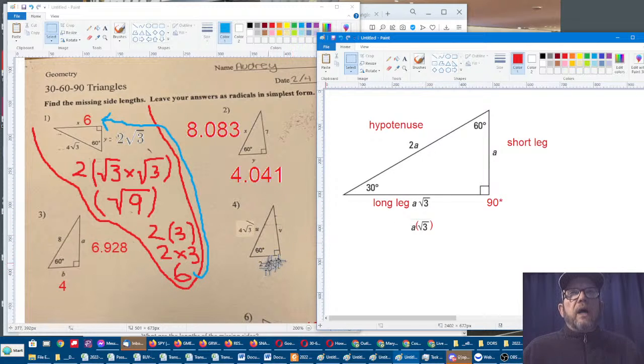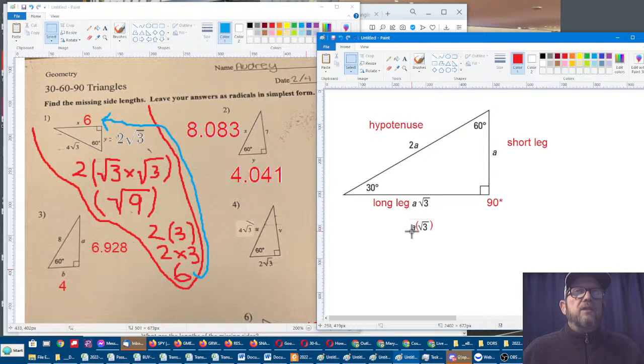So right now this is your short leg, 2 times square root of 3. So A equals 2 times square root of 3.